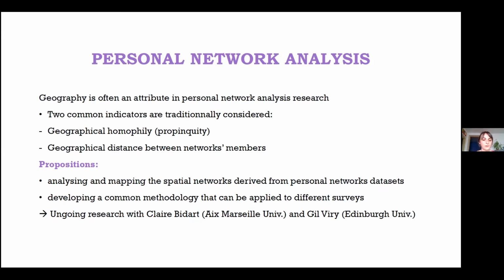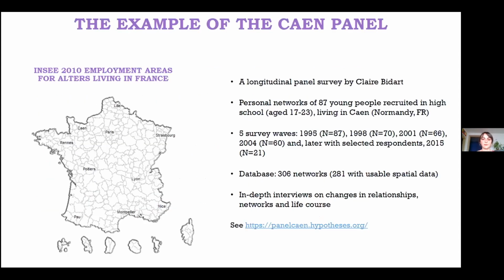And what we are proposing with 2 sociologists, Claire Bidard and Gilles Viry, is to think about what we could learn from this type of data sets, so personal networks data sets, by analyzing and mapping them at a spatial level. So we are trying to develop a common methodology that can be applied to different surveys. I'm just going to give you the example of what we get with the survey from Claire Bidard on the Caen panel.